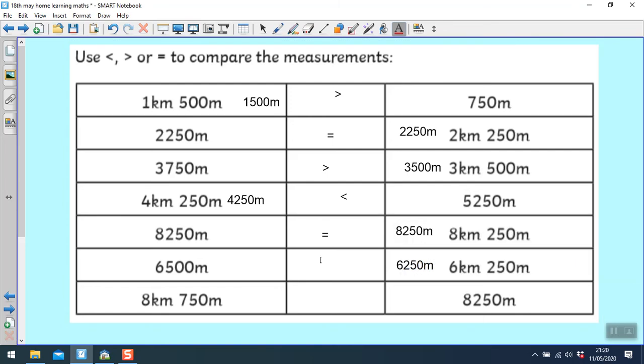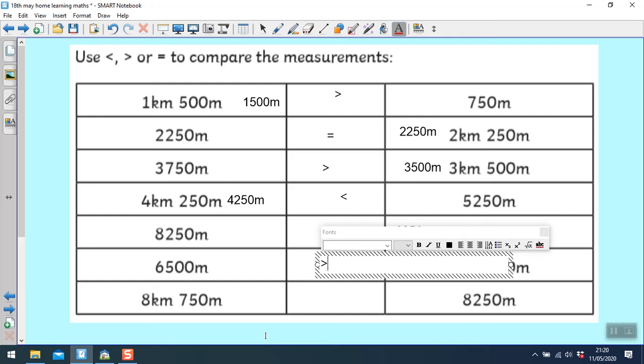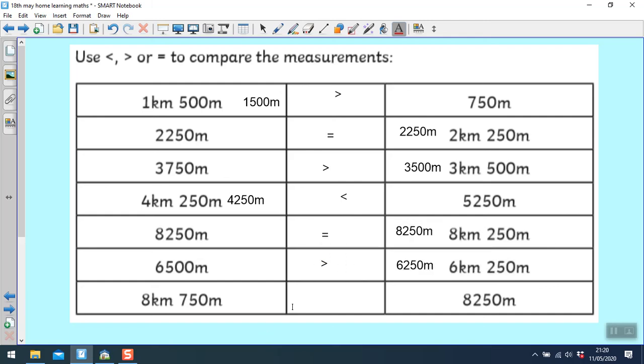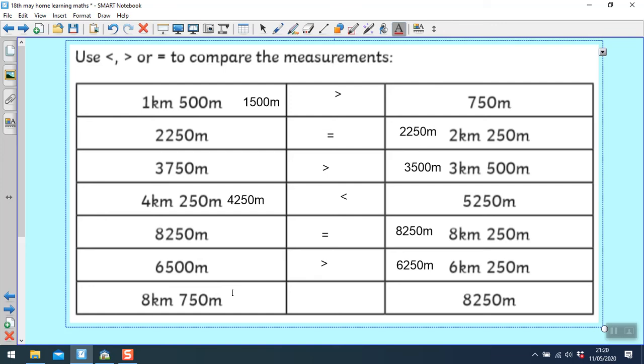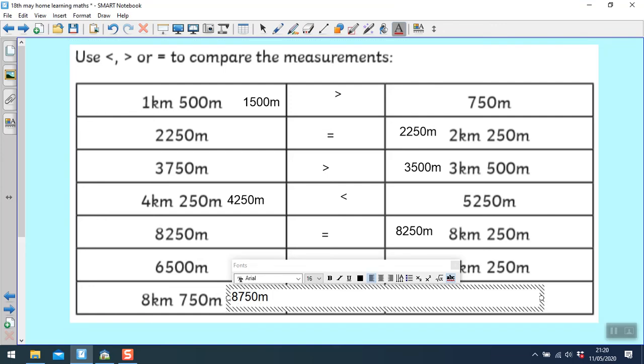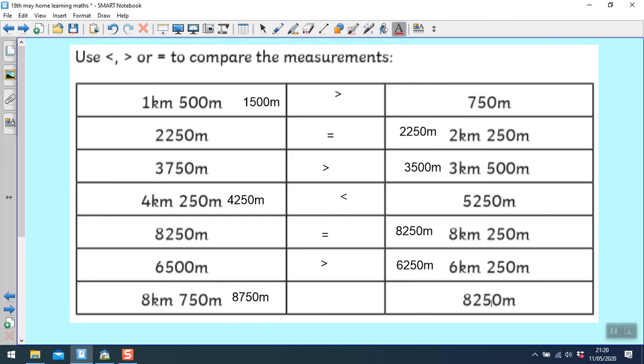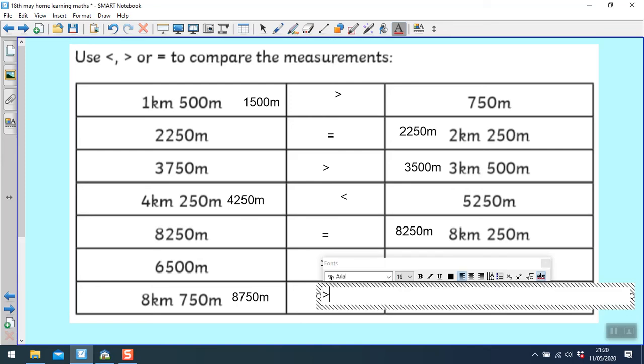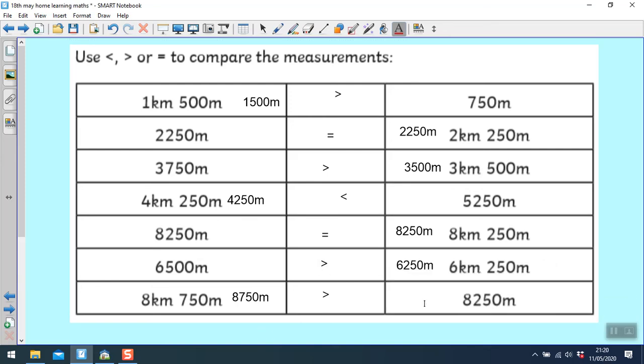So 6,500 is the bigger number. That's 8,750, and this is 8,250. So 8,750 is bigger than 8,250. Well done if you got those.